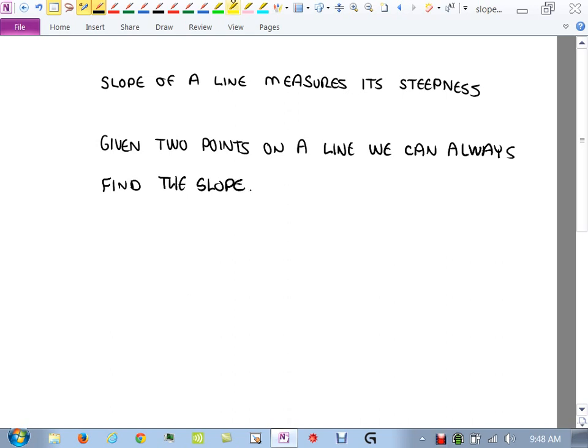That's very important, okay? If you're given 2 points on a line, you will always be able to find the slope, okay? Always. And a lot of your homework is going to be just this. I give you 2 points, find the slope.